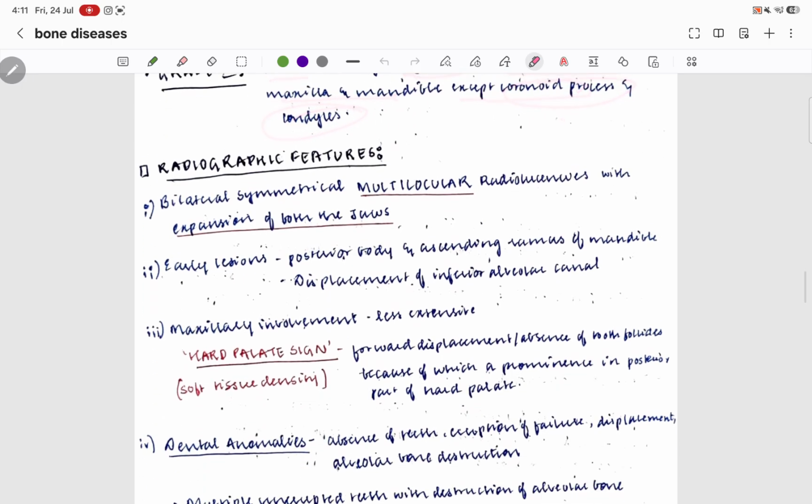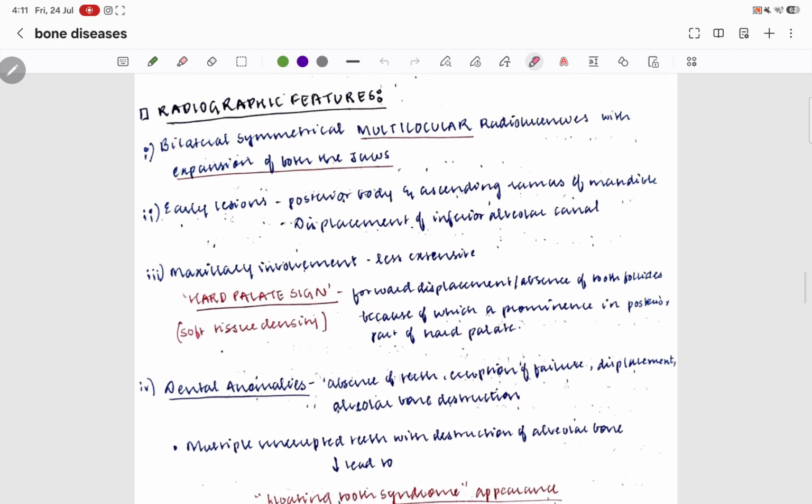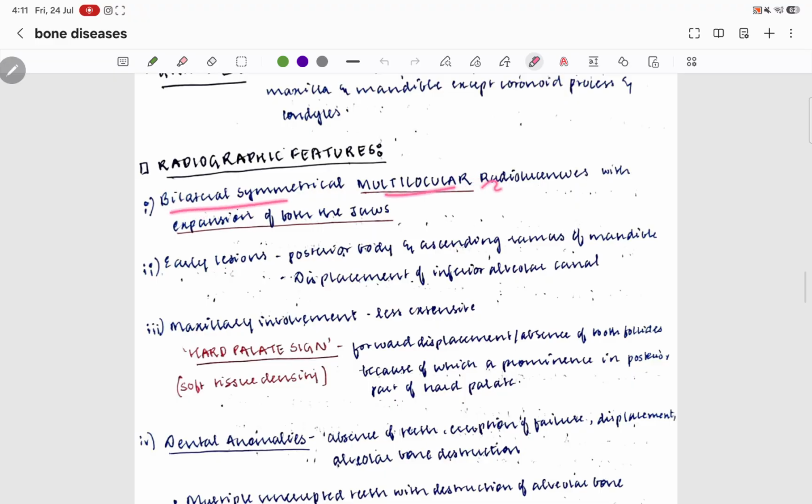Then coming to the radiographic features, bilateral symmetry is seen, with multilocular radiolucencies and expansion of both jaws.